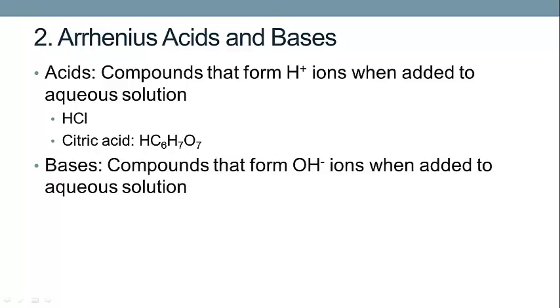Bases are compounds that form OH minus ions when added to aqueous solution. So sodium hydroxide is an example of a base. That would yield an Na plus ion and an OH minus ion. Calcium hydroxide would give me 1 Ca 2 plus ion and 2 hydroxide ions with a minus 1 charge.